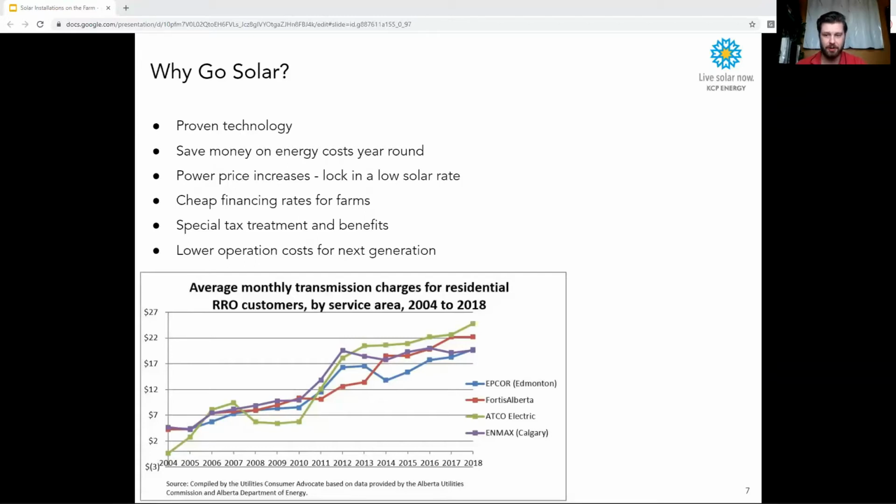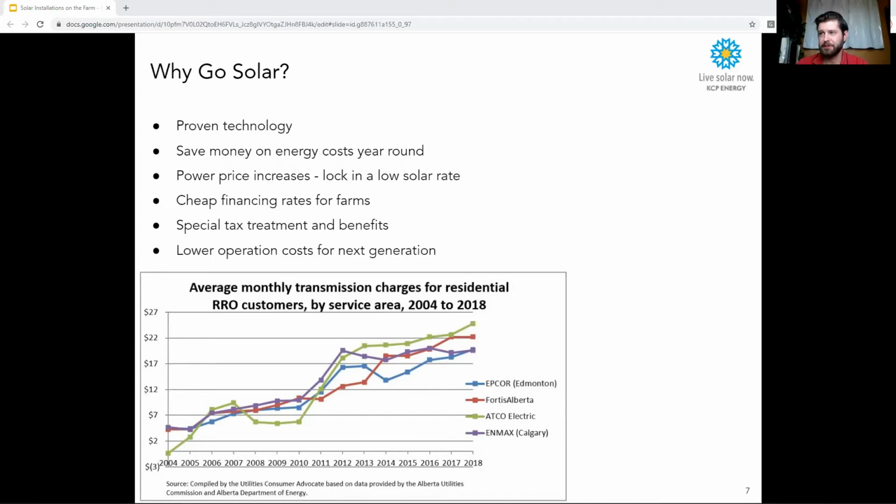So with $0 out of pocket, you could effectively be saving money in your first month going forward. It's obviously still better on the return side to pay in cash, but not everybody has 30 to 50 grand in cash sitting around. So financing options can be a really good way to help reduce overall energy costs for a farm.